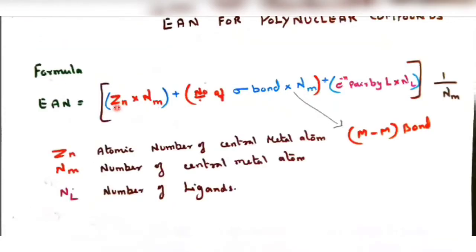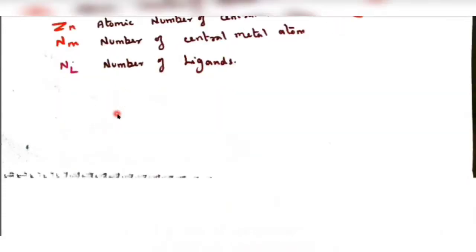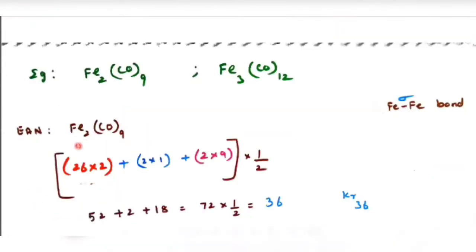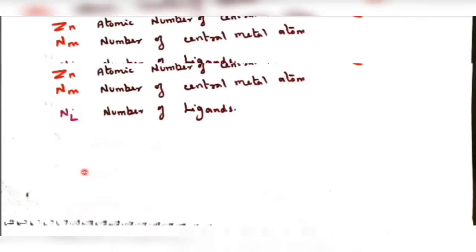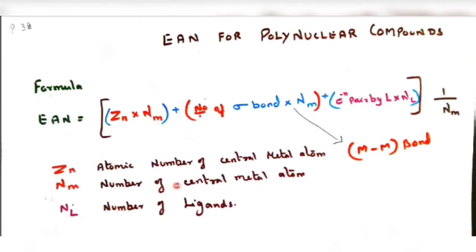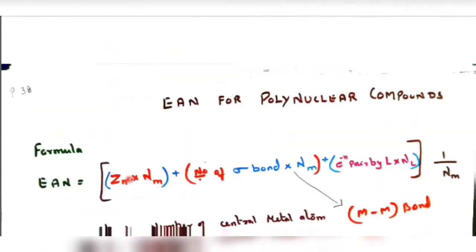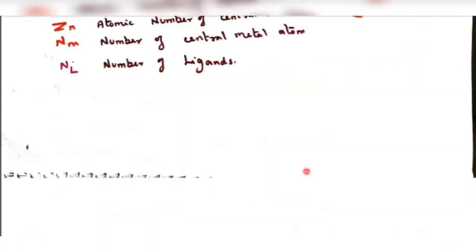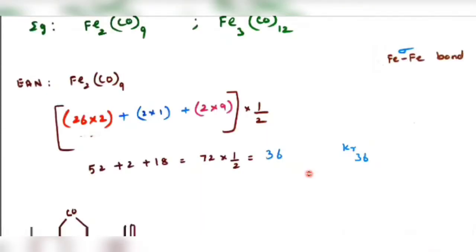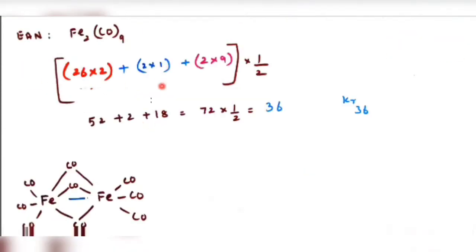Let us see the formula once again. This is the atomic number of the central metal atom. So the atomic number of iron is 26 into Nm, the number of central metal atoms, 2 irons, so multiply by 2. Next, plus the number of electrons in the sigma bond into the central metal atoms, which is 2, so 2 into 1, so 2.